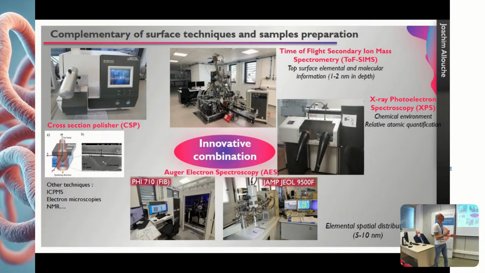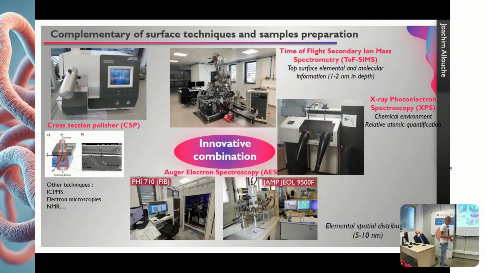And we have molecular information of the surface of the materials. We can also use XPS that gives the elemental composition of the surface of the material, but also the quantification of atoms that we have on the surface of the materials.